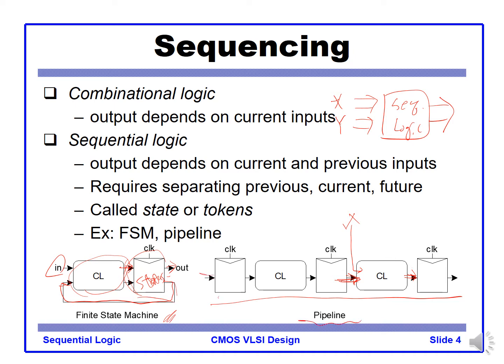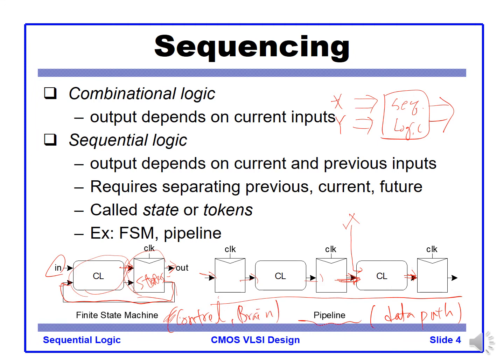So we have a finite state machine having a loop here. The pipeline structure, without a loop, you just pass through the data here. The pipeline is mostly used in the data path. The finite state machine is mostly used in the control part. It's like a brain.